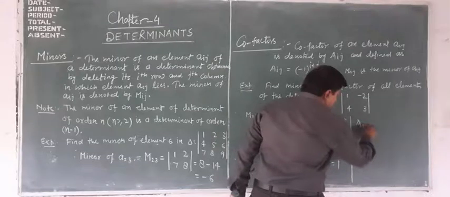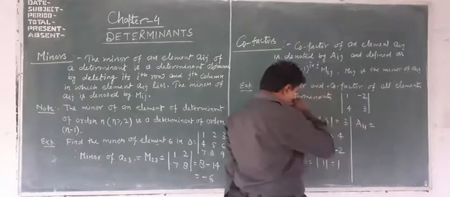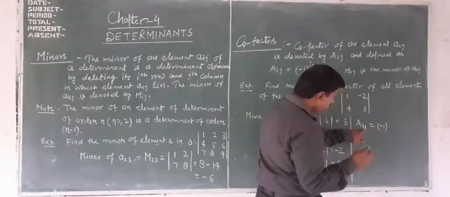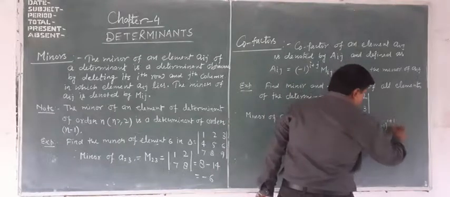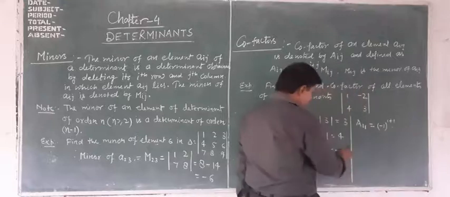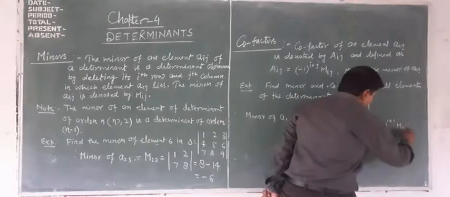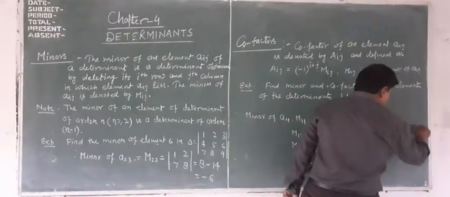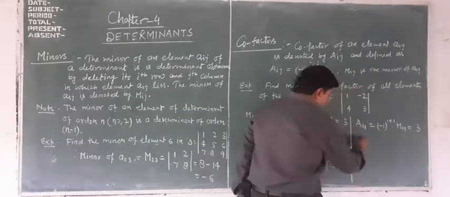Cofactor is denoted by A11 according to the rule, minus 1 power 1 plus 1, into Mij, and the value of M11 is 3, so this is plus 1 into 3, so this is 3.